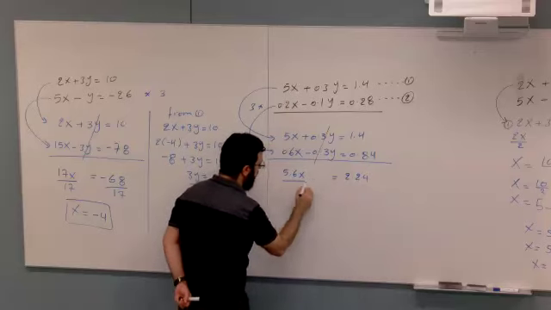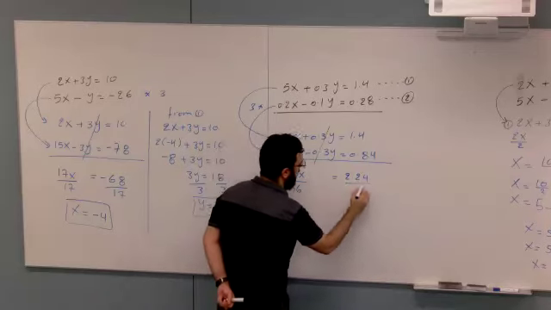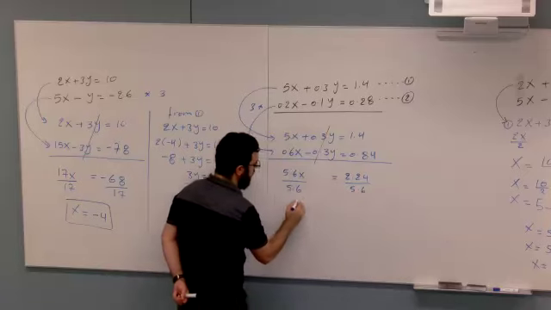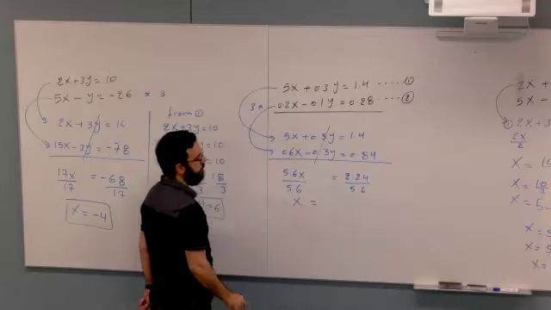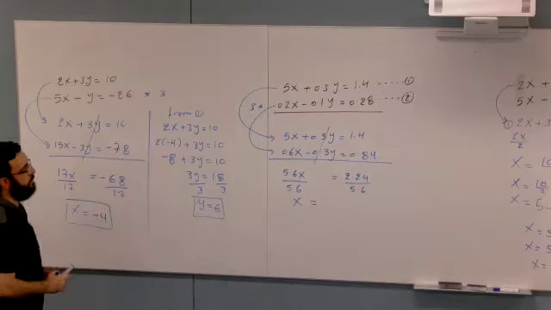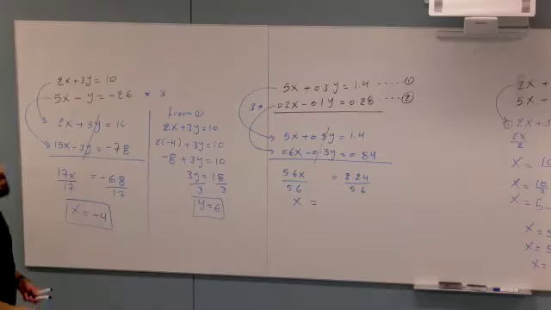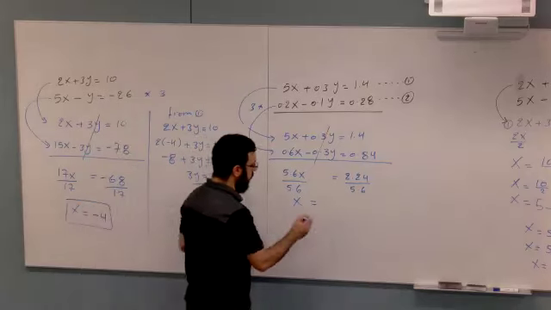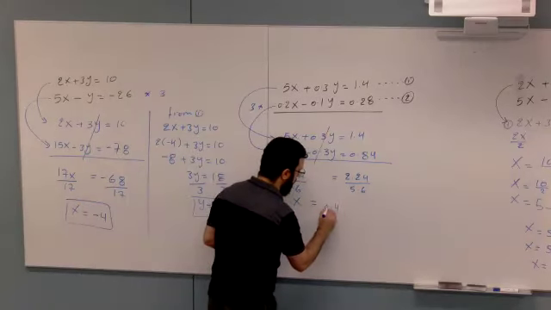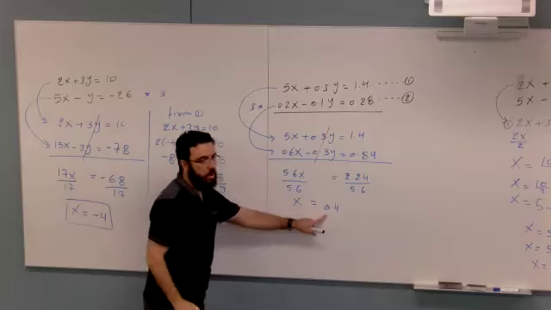Now the last step, divide both sides by 5.6. How much is the value of x? Now I have the value of x.